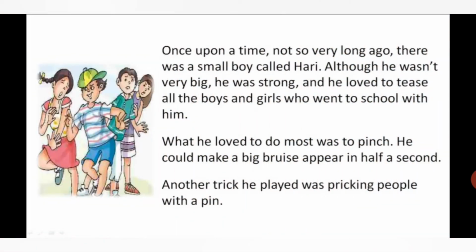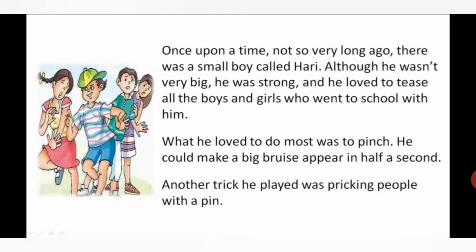Once upon a time, not so very long ago, there was a small boy called Hari. Although he wasn't very big, he was strong, and he loved to tease all the boys and girls who went to school with him. So, children, this story is about a boy, Hari, who is the bully, and he loved to tease other children in the school.